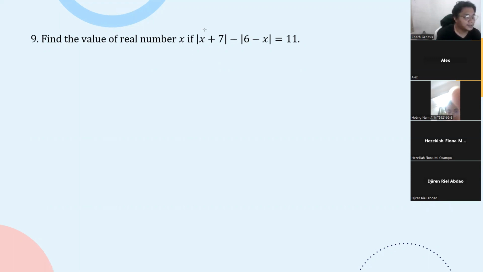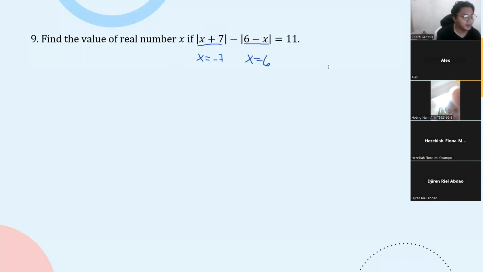These critical values will then divide our number line so that we can look up possible values or sign changes later. So how do we get the critical values? You just equate this to 0. So x + 7 = 0 will give you x = -7, and 6 - x = 0 will give you 6.